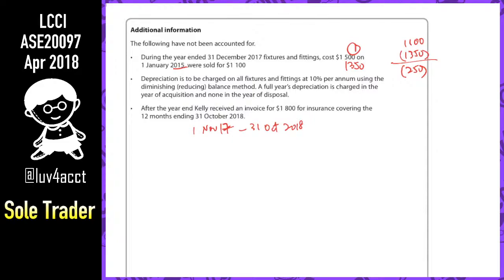That is, we will have 2 months accrual. Then we'll have 1,800 divided by 12, and then 2 months, so 300 accrual.